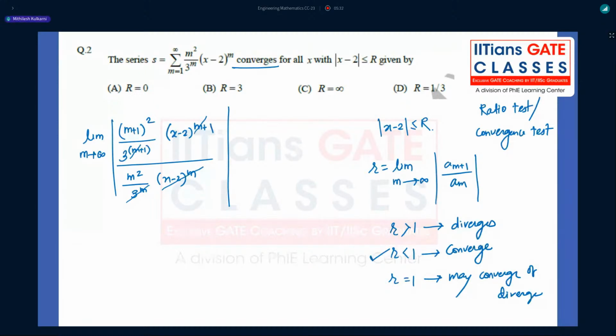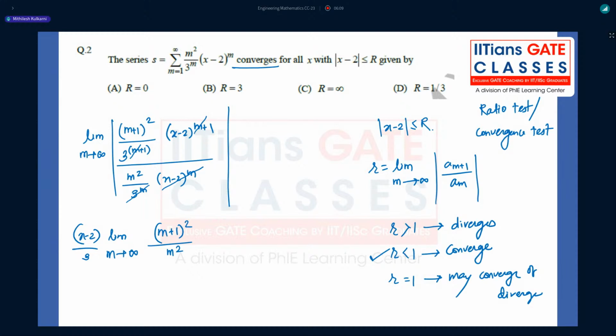Here x minus 2 I can take outside the bracket because the limit is not on the variable x. Even 3 you can take out. Things which are in the limit are only (m+1) whole square divided by m square.